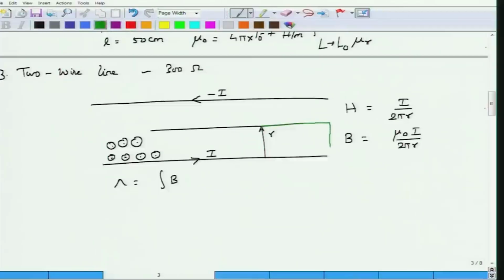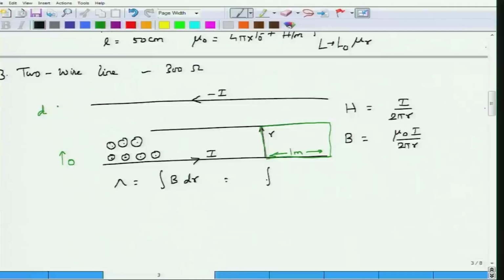So I have to consider 1 meter along the z axis if I am considering the current to be along the z axis, and then whatever the value of r that can go from here. If I take this as the origin, then this would be 0, and let us say the separation here is d. So my r would go from 0 to d. So plug in those values, B dr.